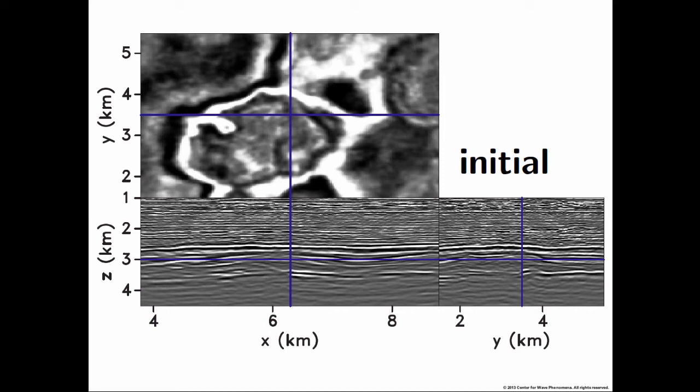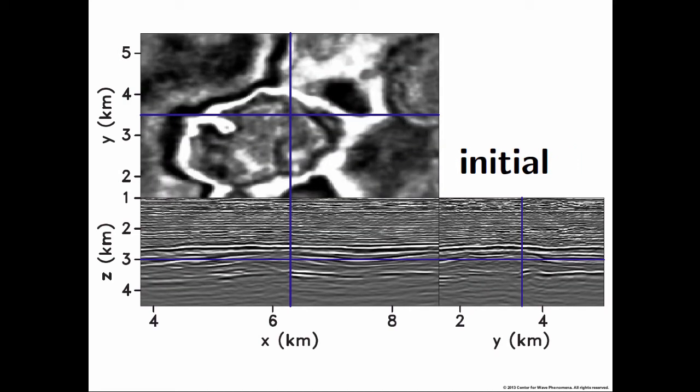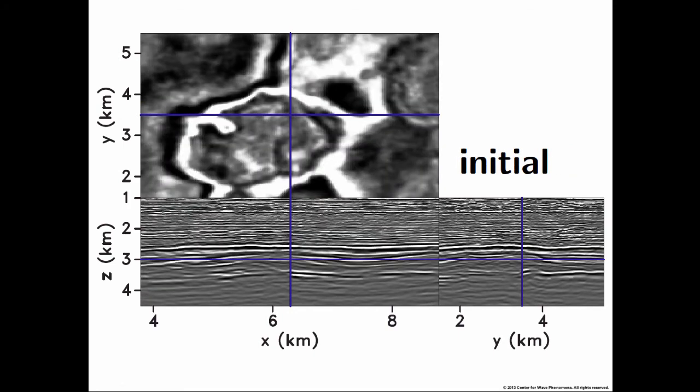So we run the inversion, then we update the model, and this is the image corresponding to the updated model. So compare this image with the image corresponding to the initial model. We see that the main reflector around 2.8 kilometers is stronger and more coherent. Also, notice that the event below, close to 4 kilometers in depth, is also more continuous after the inversion.